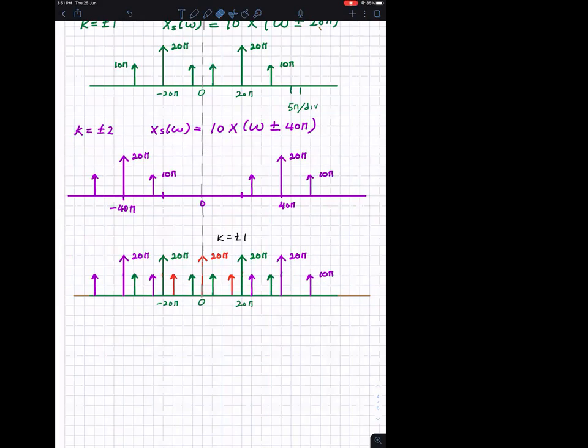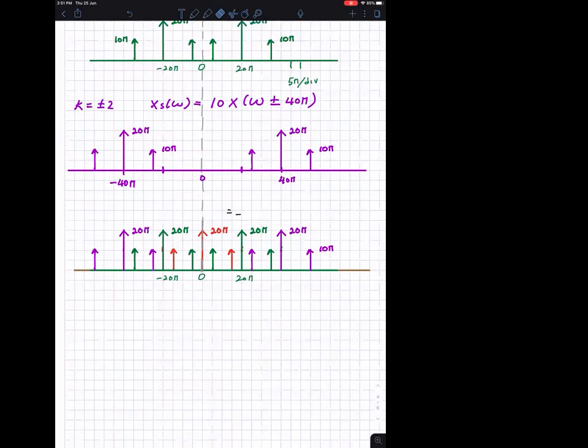So this is how it looks when k is plus minus 2. Previously I was not very clear enough on this. This is when k is plus minus 2.